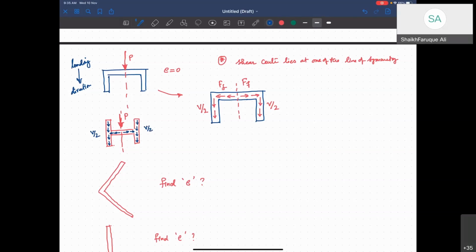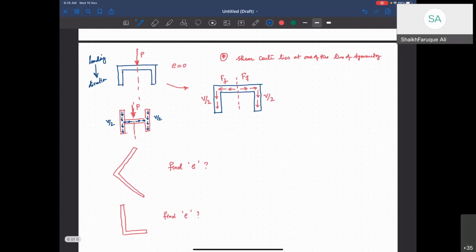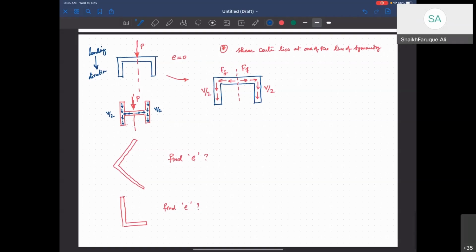Okay, and if both are Vy/2, then you can see that they will balance each other again. You have to do this for this one. First, you have to find how the shear flow is going to look, and then you have to find how it's going to balance.